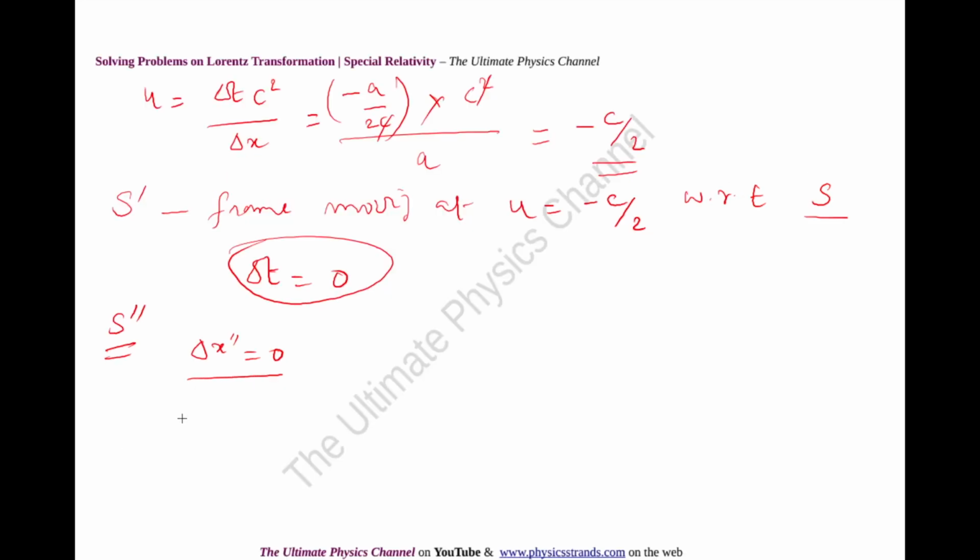That is some S double prime frame in which del x double prime is equal to 0. That means in our equation, del x double prime is equal to gamma times del x prime minus u del t prime, right?